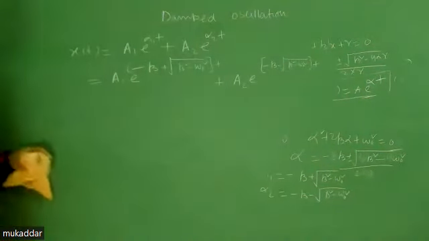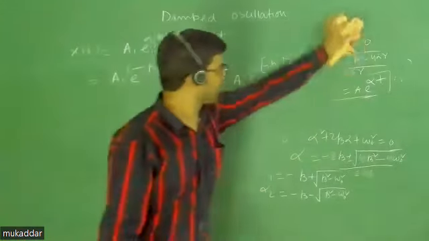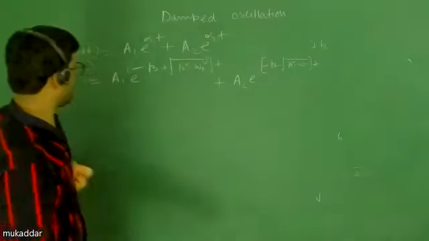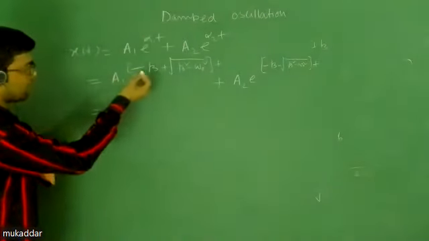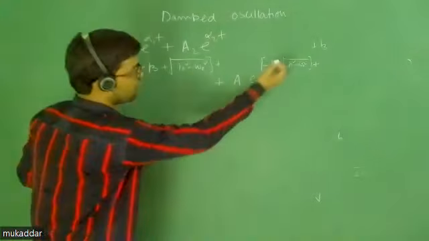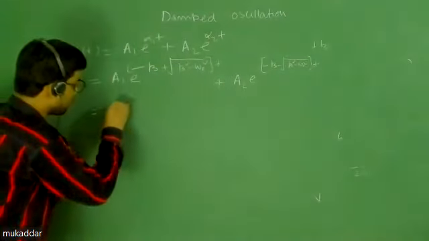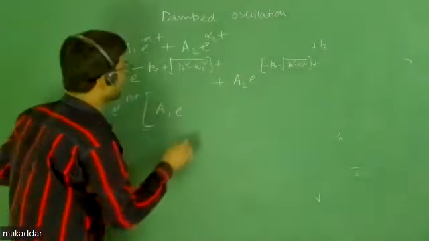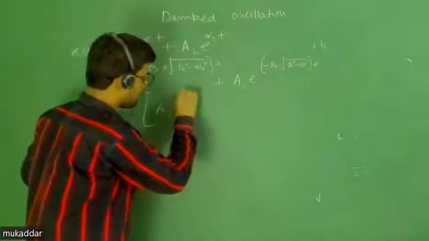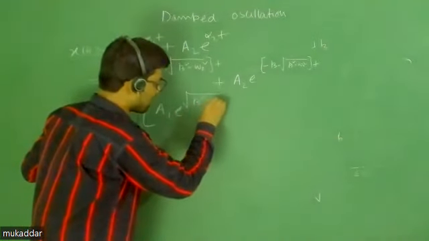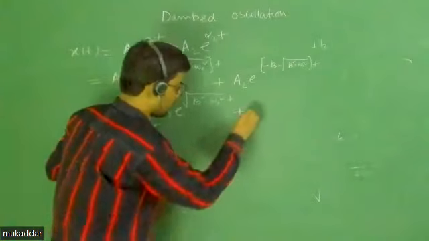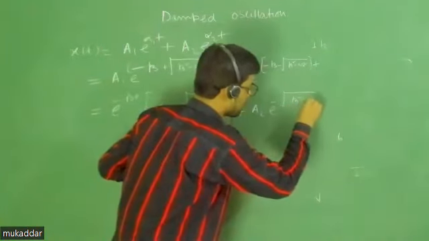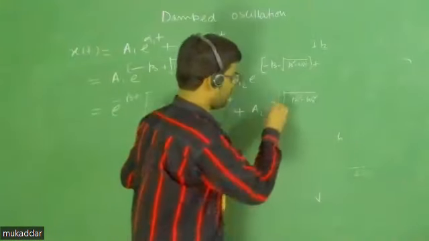So this is the solution. You can take a factor common. What will be common from here? In both terms you have e the power minus beta t. So I can take e the power minus beta t common, and then you have a1 e the power square root of beta square minus omega naught square t, and a2 e the power minus square root of beta square minus omega naught square into t.